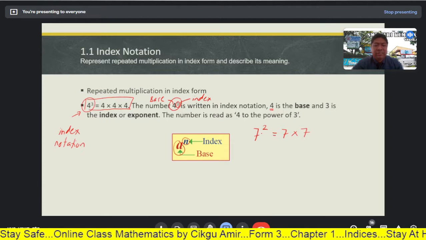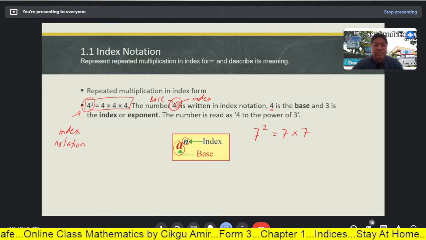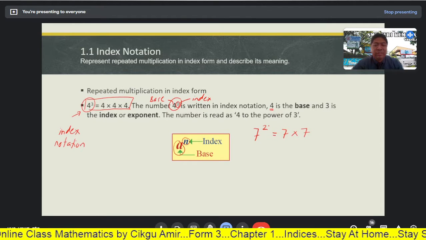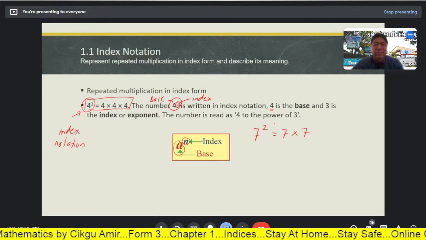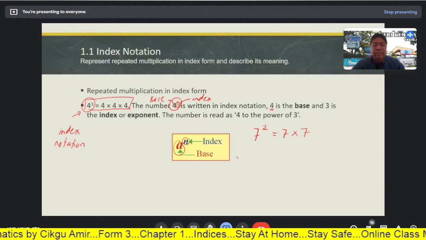This is index. 7 is the base. 2 is called the index.